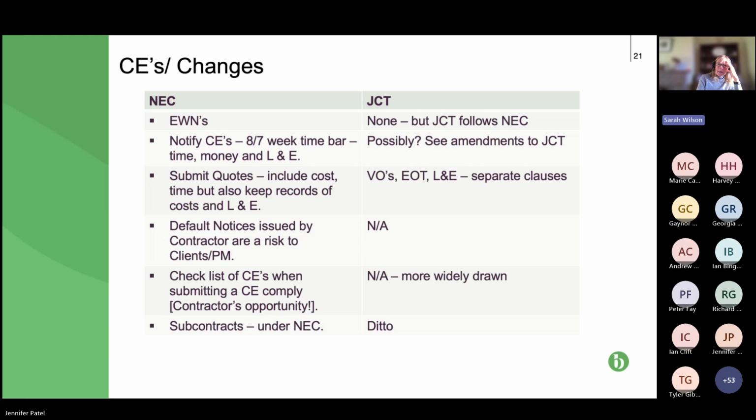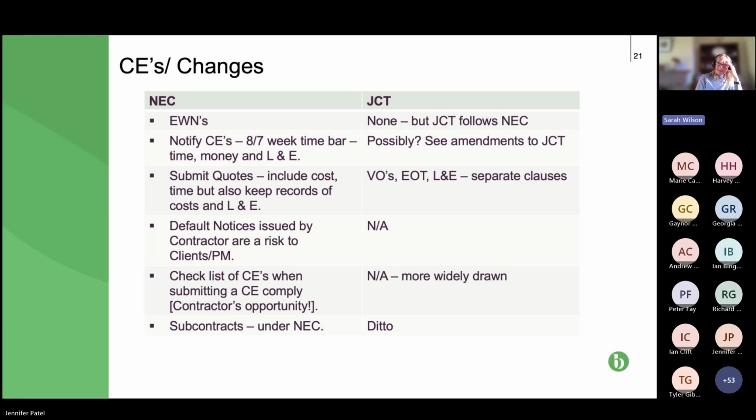The early warning notice requirement and that provision are the two penalties on the contractor or subcontractor to ensure that they comply with these timescales. There's also a requirement to submit quotes, and that's a prospective quote.